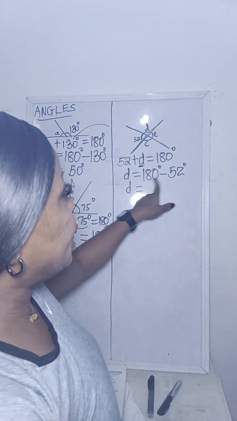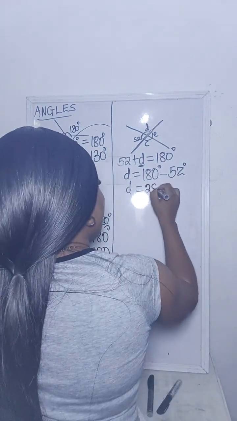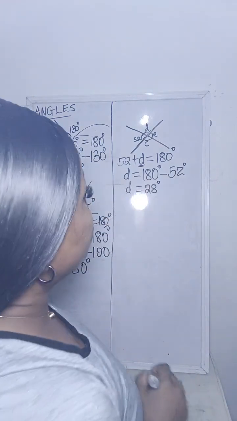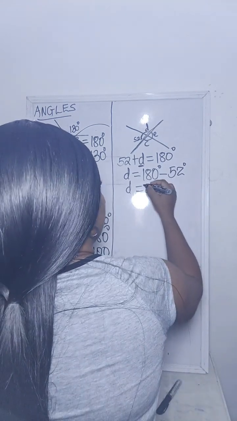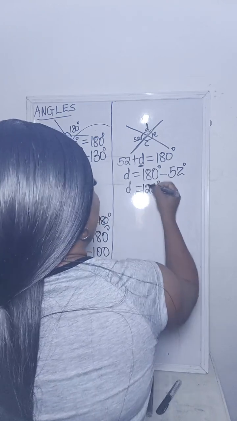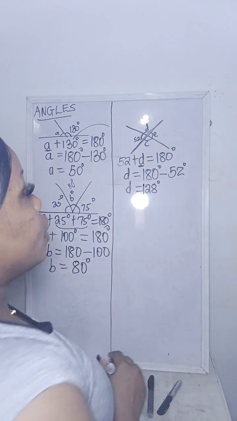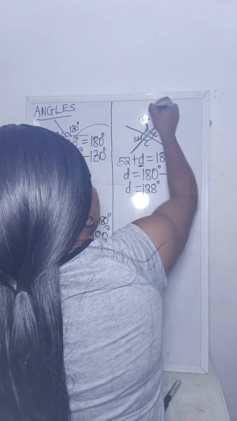So 180 minus 52 will give us 128 degrees. So it means our D is 128 degrees.